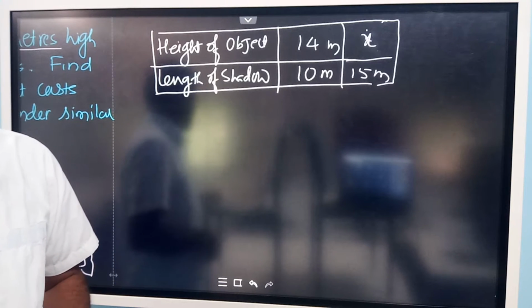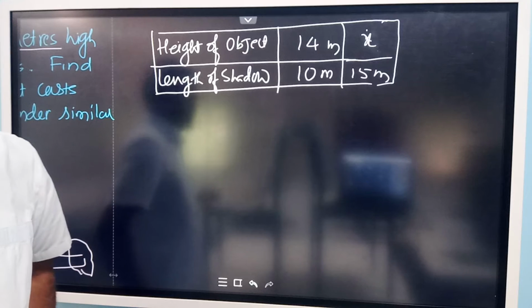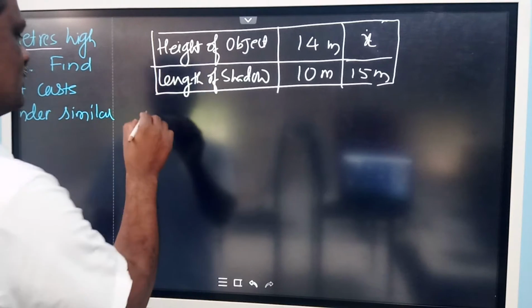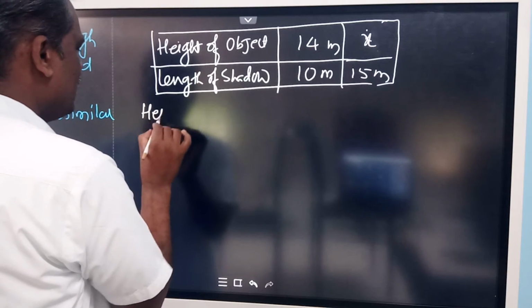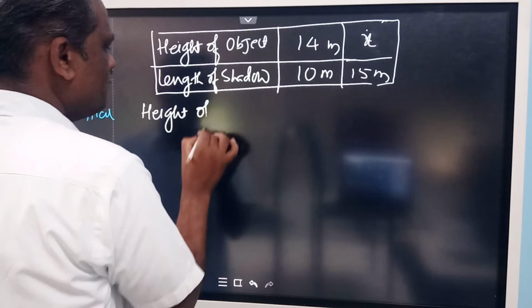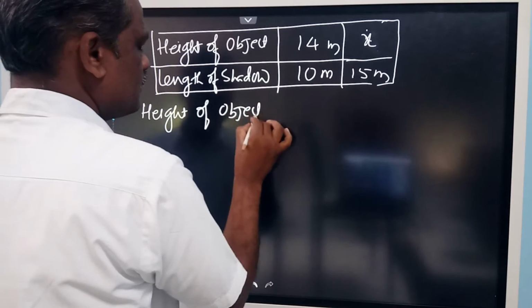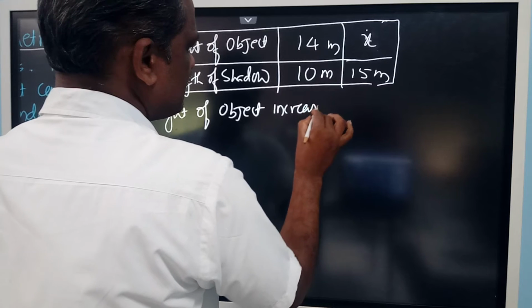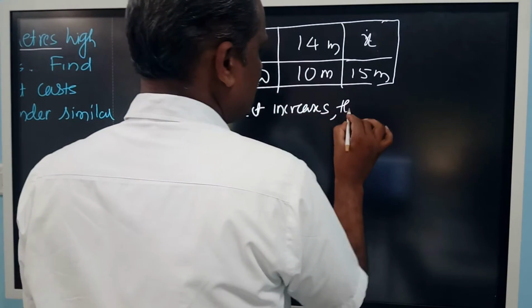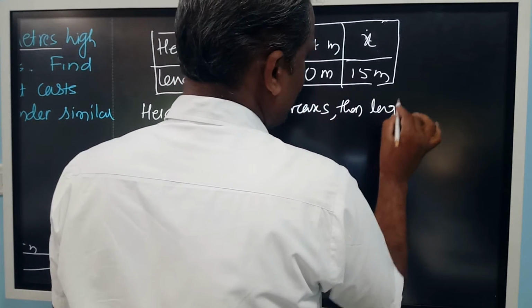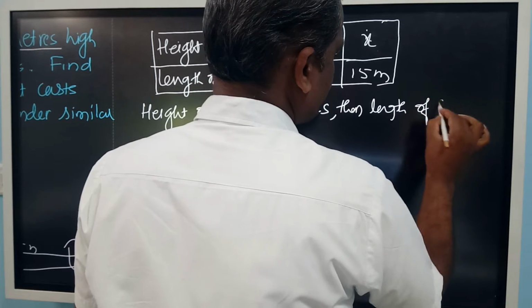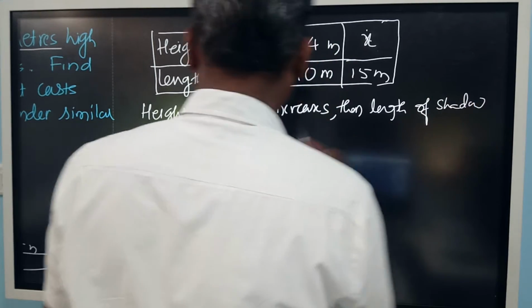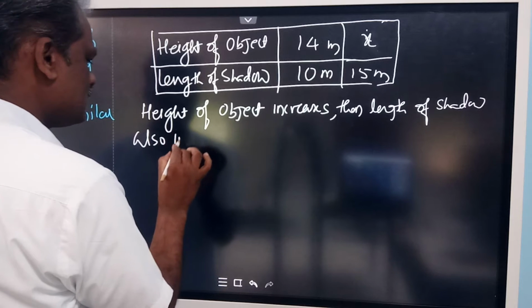Since both are directly related, you can write like this: if the height of the object increases, then the length of the shadow also increases.